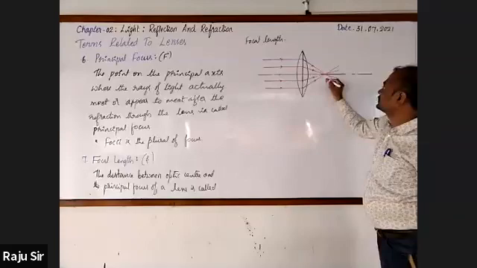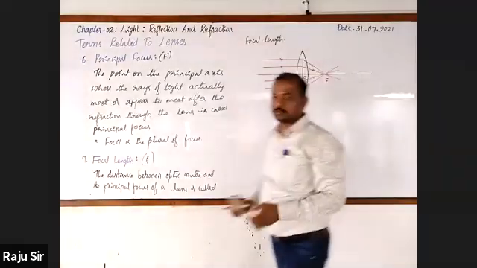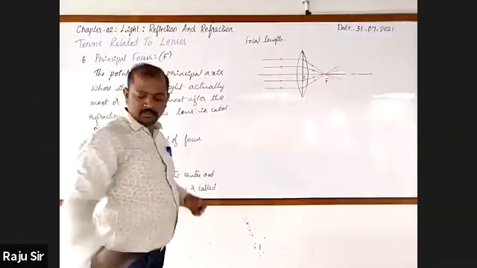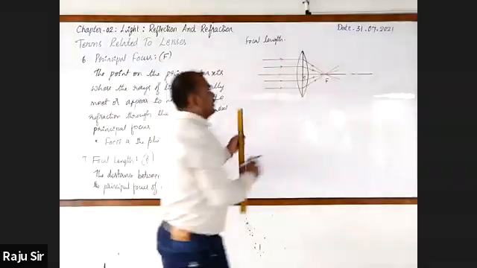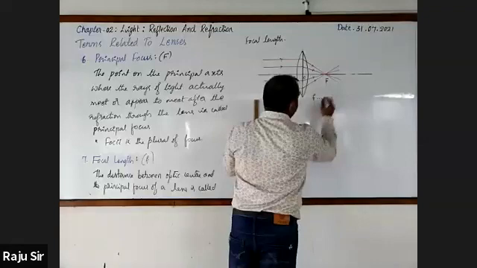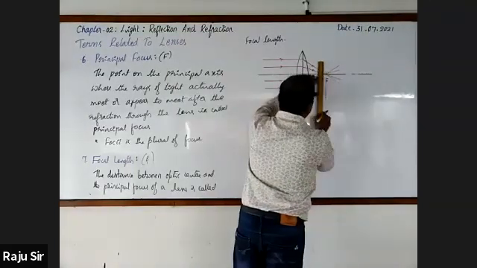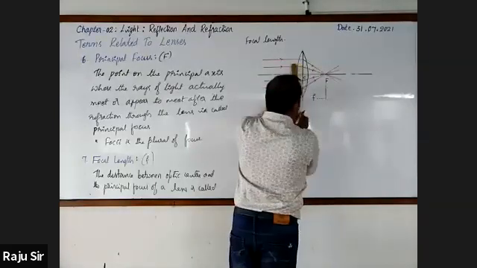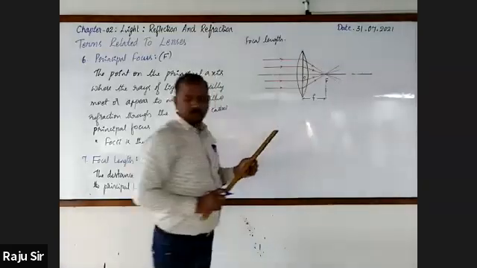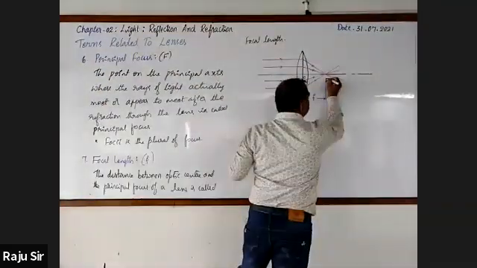This is O. And also show the distance between these two. It is focal length. Focus is denoted by the symbol F.